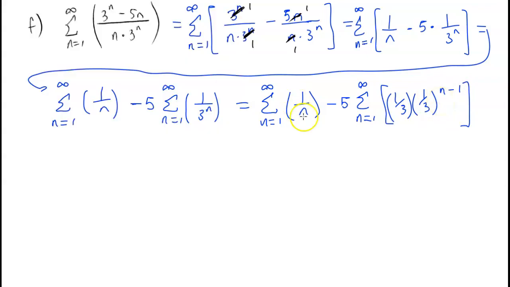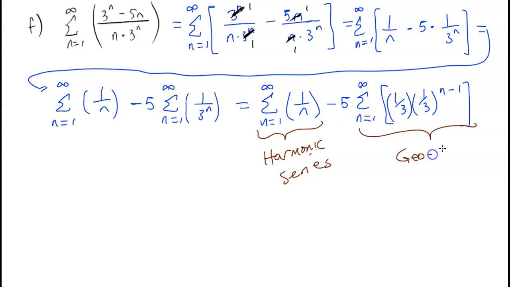So here, what we see is that this is the harmonic series. And here, this is 5 times a geometric series. Now, notice that the harmonic series diverges in all cases. This particular geometric series converges because r in this case is 1/3.